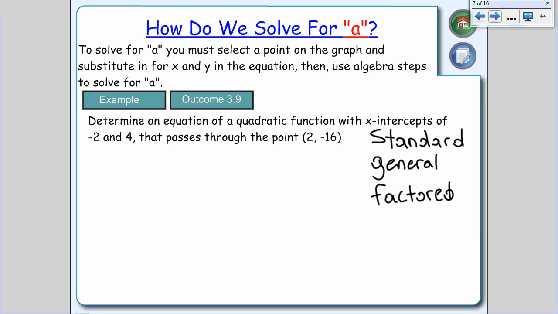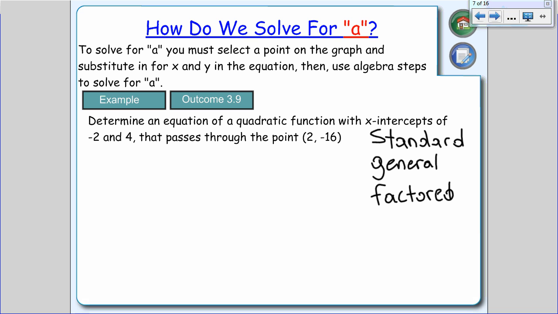Factored form helps us find our x-intercepts. Standard is vertex, correct.